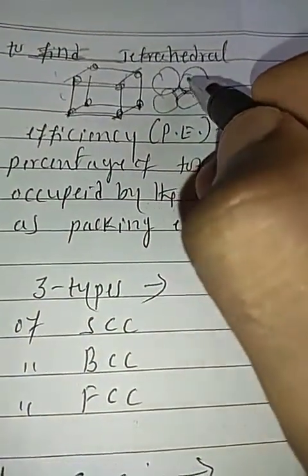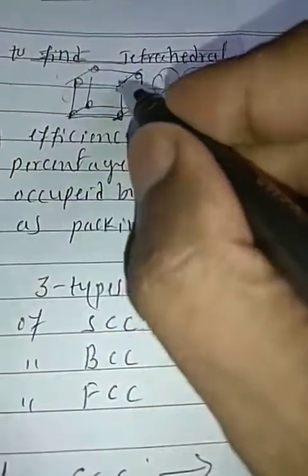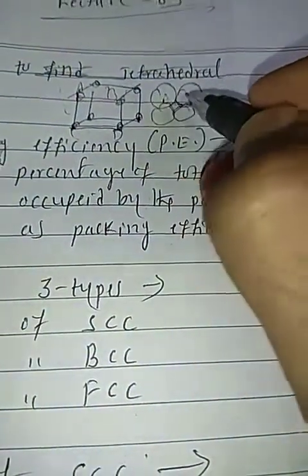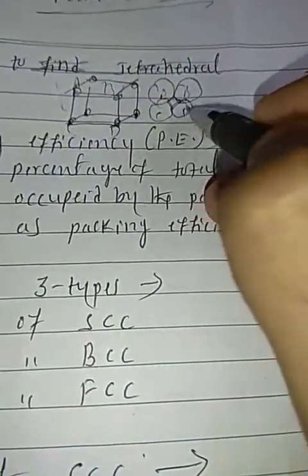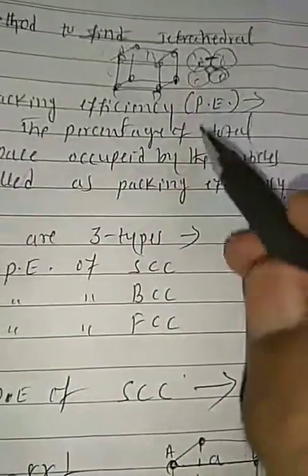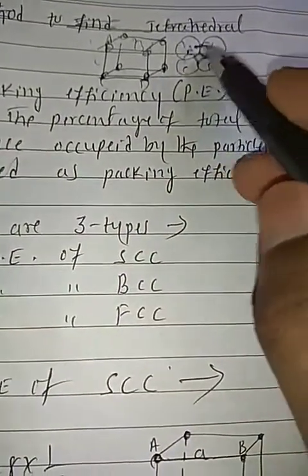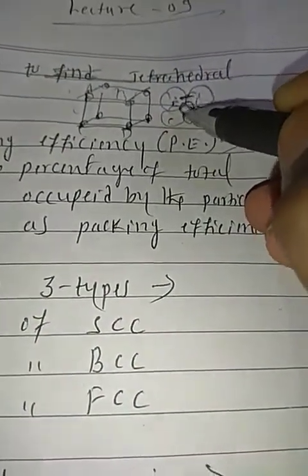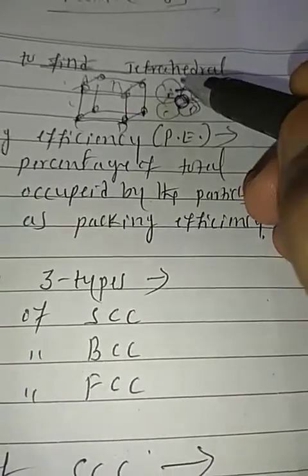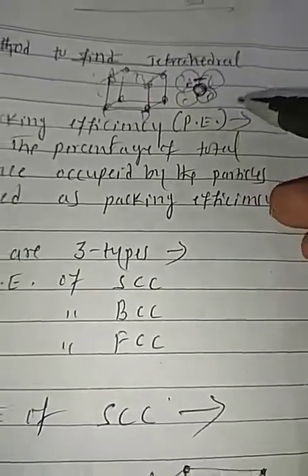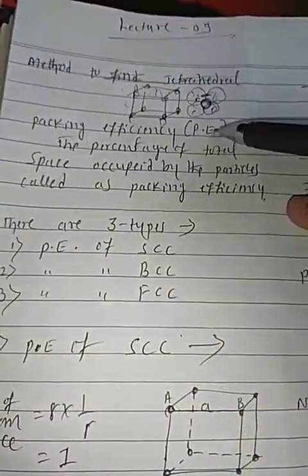This is A and this is B, this is C, this is D. Similarly, this is A, B, C, D. How compactly A and B are bonded and how much empty space is present in this crystal, that we call the packing efficiency.